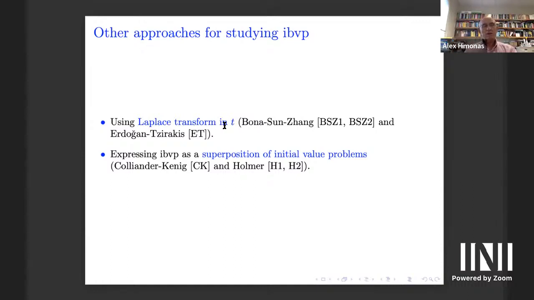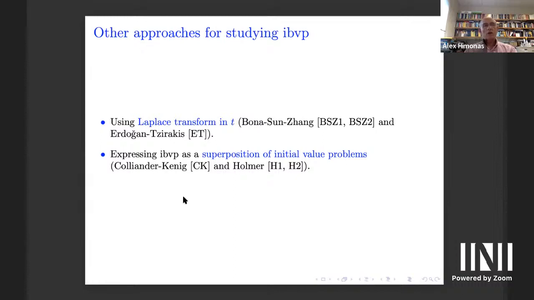You solve it and you do what you do. This was initiated by Bona and company, but Erdogan and Tzirakis also follow this with their own spin, introducing some technical ideas of their own.